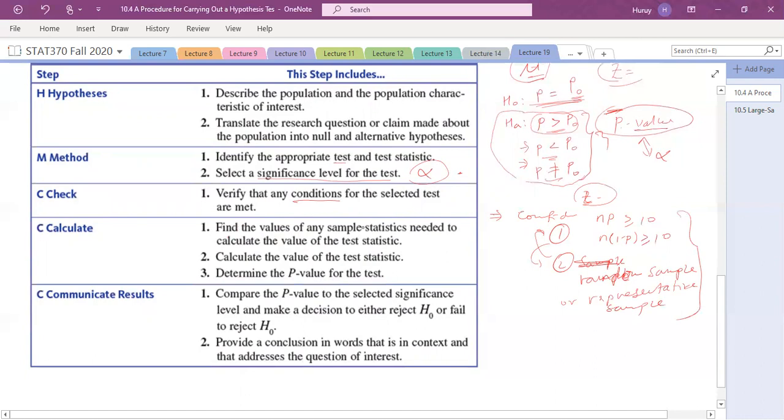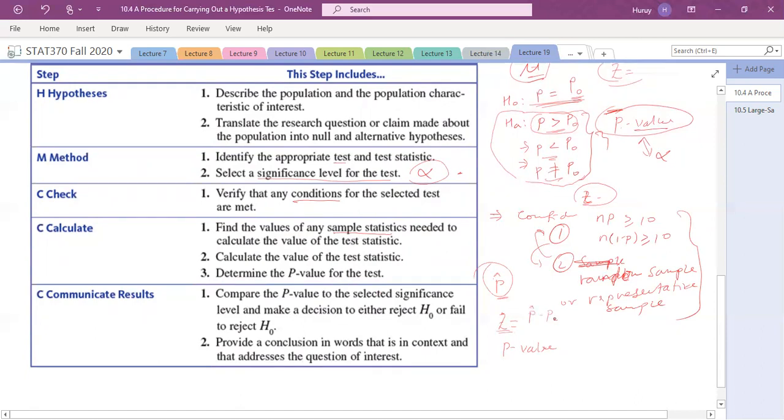And then we find the values of the sample statistic, which means, for example, we need to find p hat, and then we calculate the test statistic, in this case the z, and then determine the p-value. The reason we need this is because in the formula of z we use this p hat.